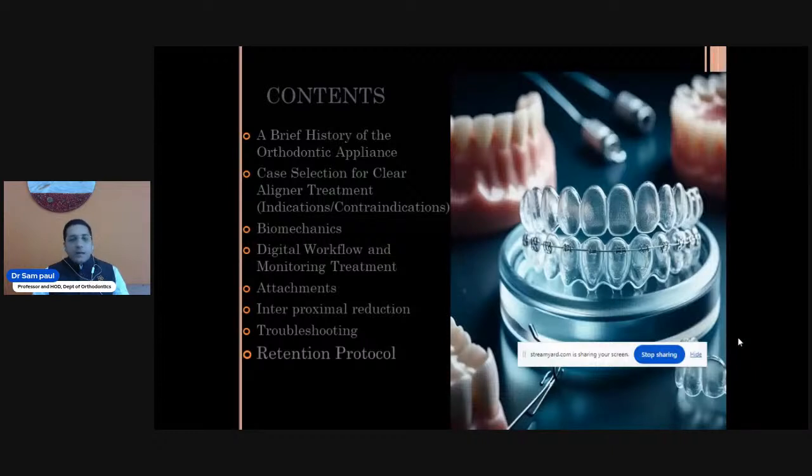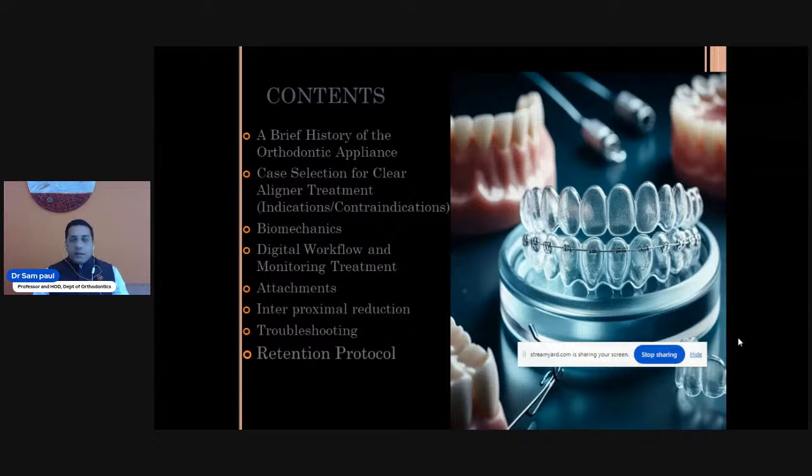I'll make it as simple as possible so that you will get an idea about what clear aligner treatment is. And once you start your practice after completing your dental undergraduation, when a patient comes to your clinic and asks, doctor, whether you do Invisalign or clear aligner treatment, you should be in a better position to guide them on whether you can do it and which cases to do.